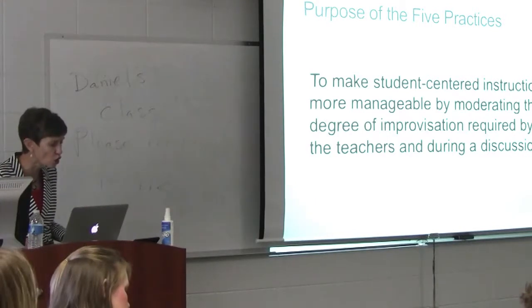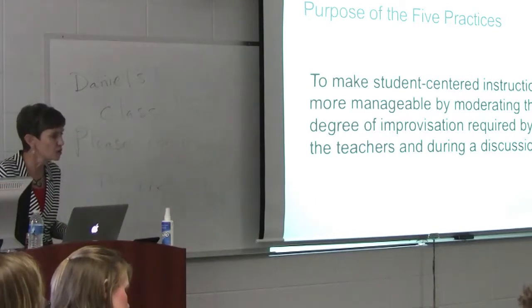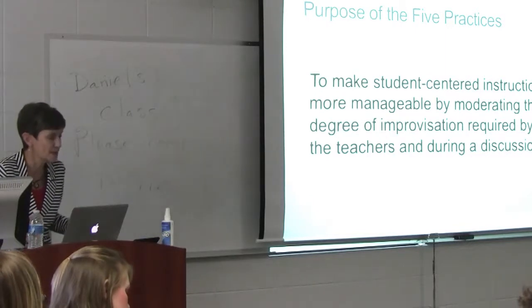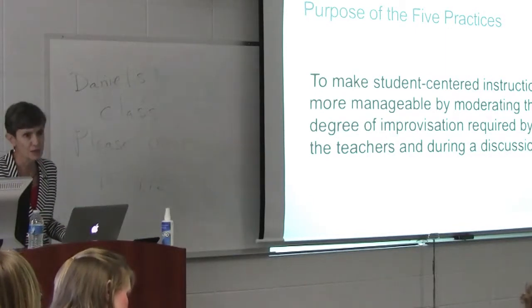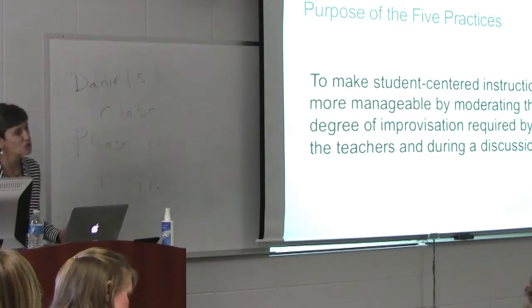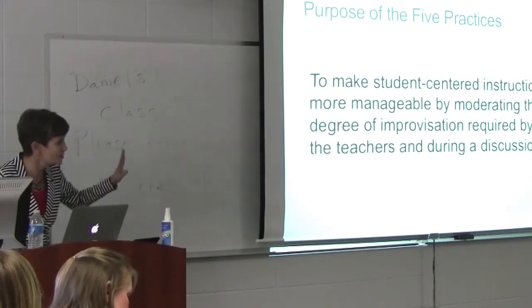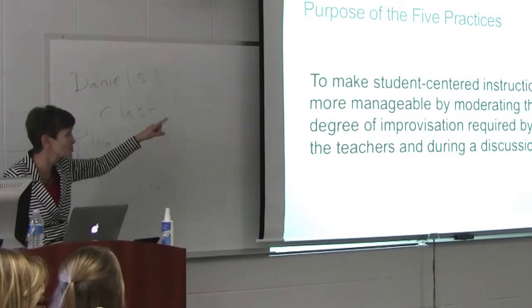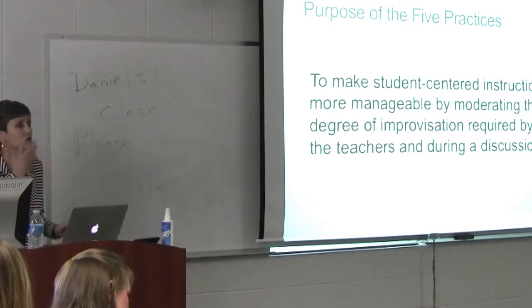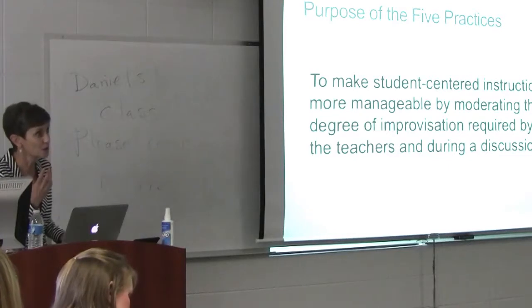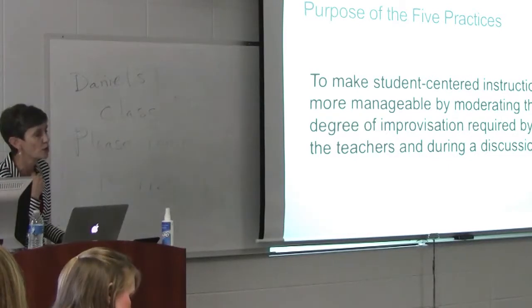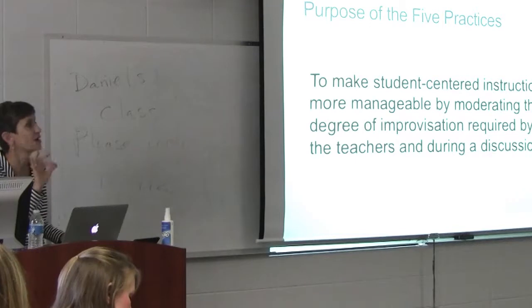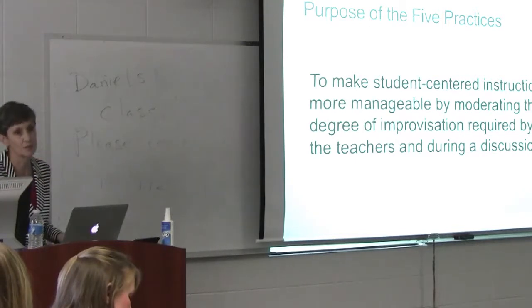Some early work showed that the majority of high-level tasks ended up being implemented in ways that reduce the cognitive demands. So the purpose of the 5 practices is to give teachers a model they can use that will help them, we hope, maintain the demands of a high-level task during implementation.